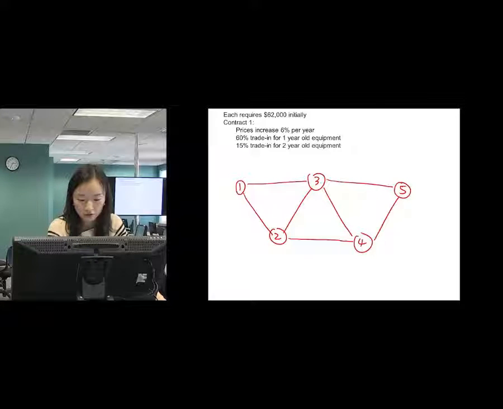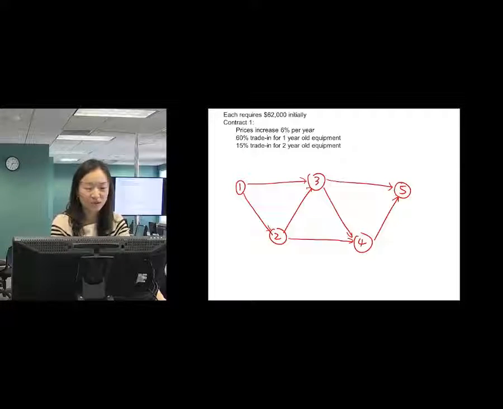Or you can do 2 years here, 1 year here, and 1 year here. So there are different ways to go there. Once we have this figured out, all those arcs have directions. Once we figure this out, we say, does this look similar?